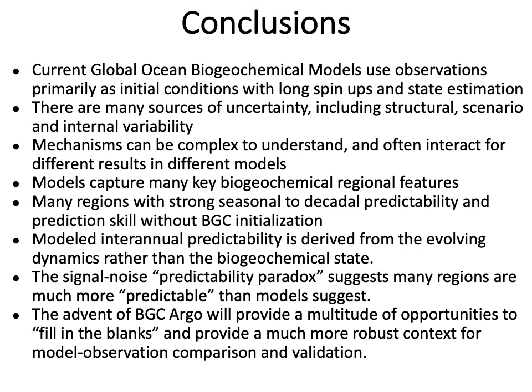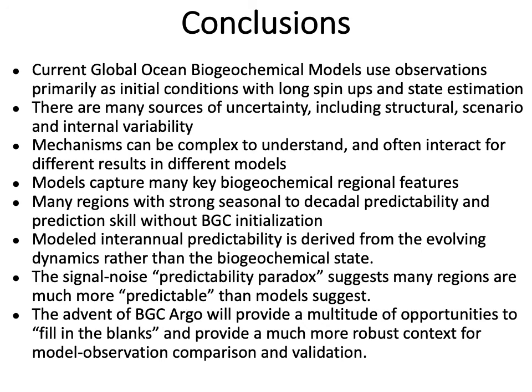In conclusion, current global ocean biogeochemical models use observations primarily as initial conditions with long spin-ups and state estimation. There are many sources of uncertainty, including structural, scenario, and internal variability. Mechanisms can be complex to understand and often interact, with different results in different models.